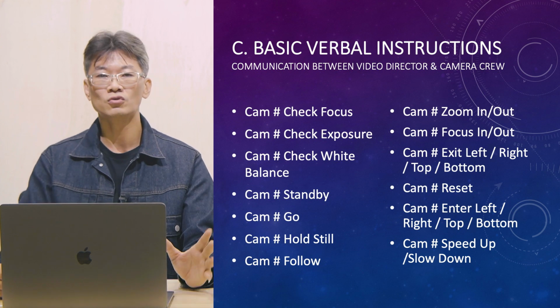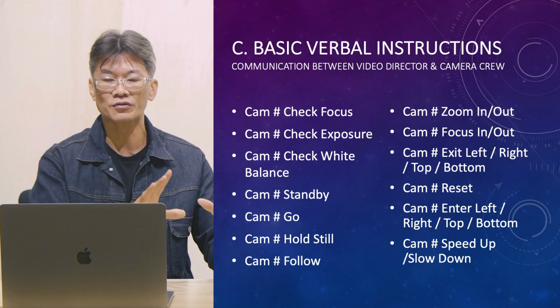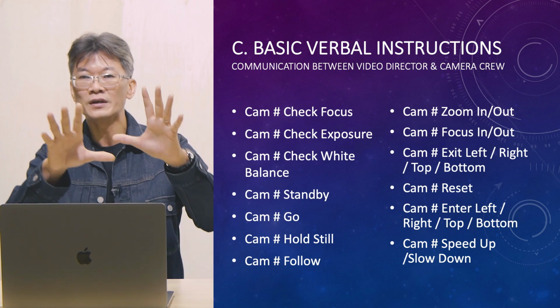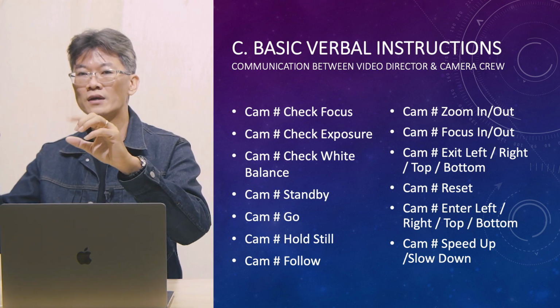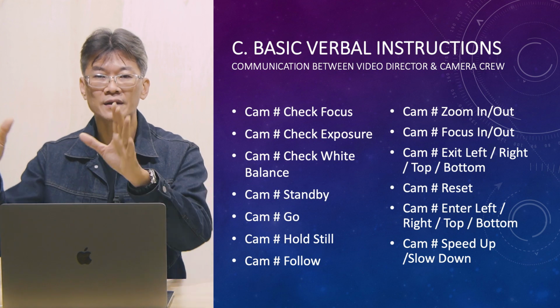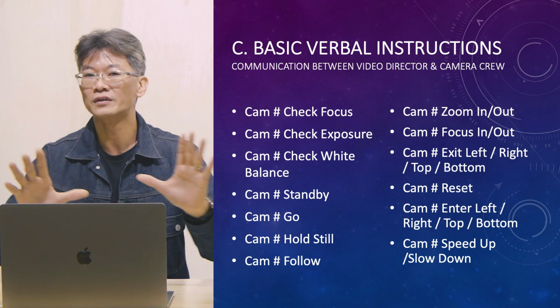The camera can also do a reset, where we tell the cameraman to reset to the original state where we wanted it to be. So sometimes they are moving out from a field, and then the director decides to do it again. And so we will call it cam reset. So the camera number is called, camera reset again, and then he performs that move again.